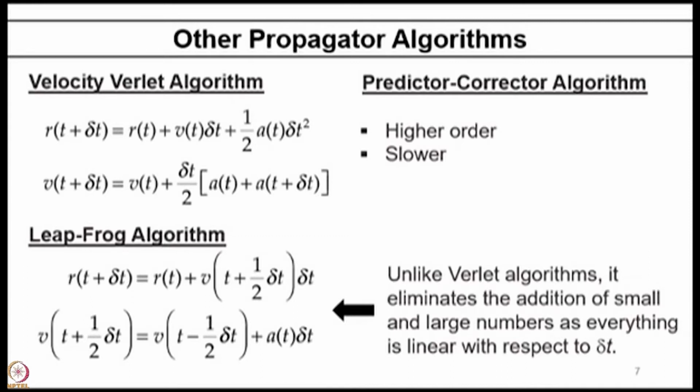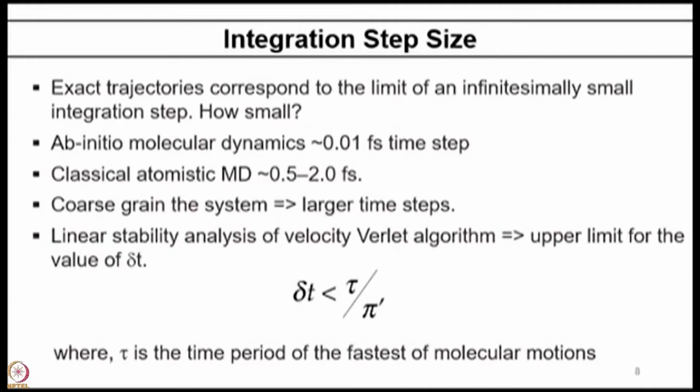At one time, when computers were not that powerful, these techniques were exceedingly important, because the success of your simulation depended on what technique we used, and people used many. So then the integration step size: I said the classical molecular dynamics simulation is half a femtosecond to 2 femtosecond.